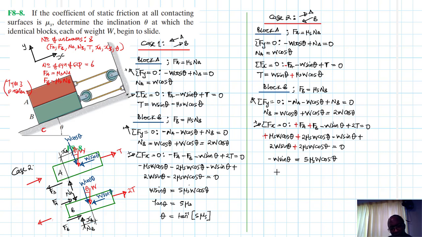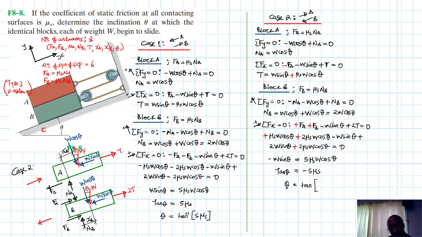Right, when we divide through, this becomes tan theta equal to minus 5 mu s, and we divide through by cos, and W cancels out, and then we have a minus like so.